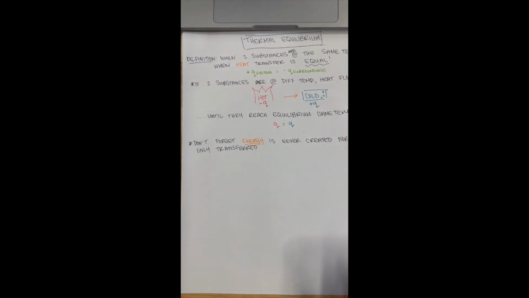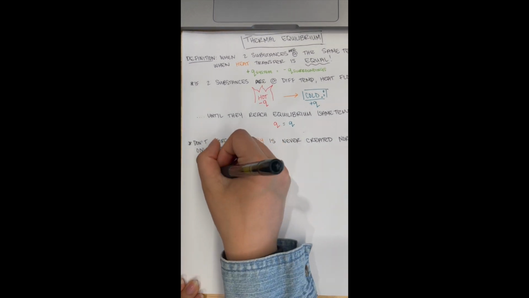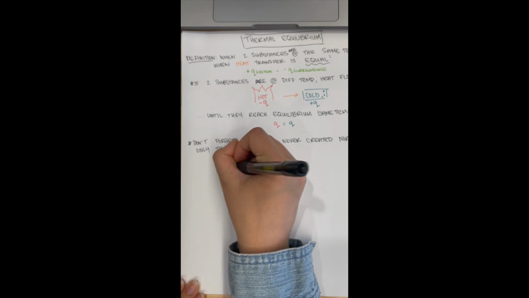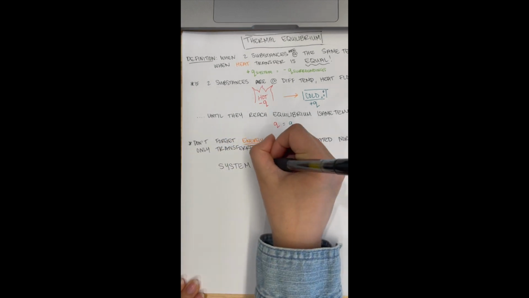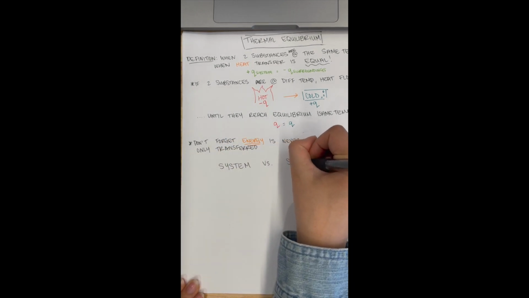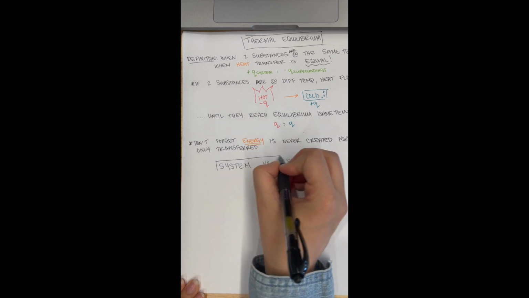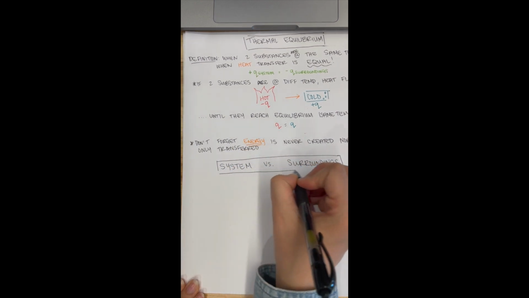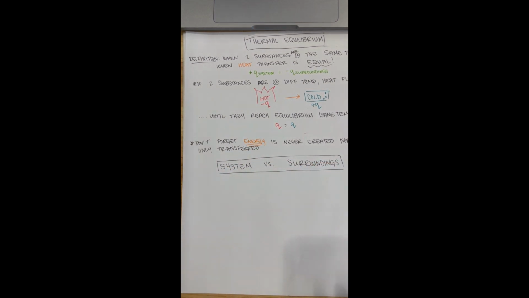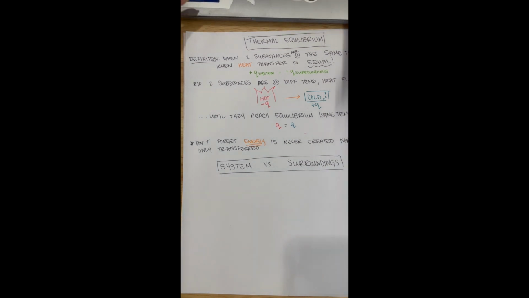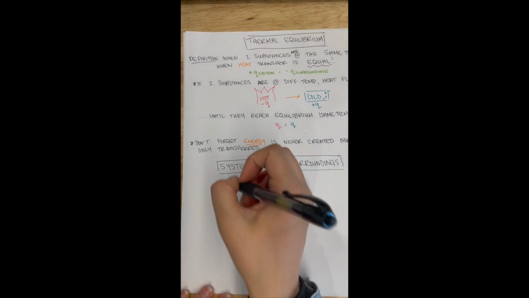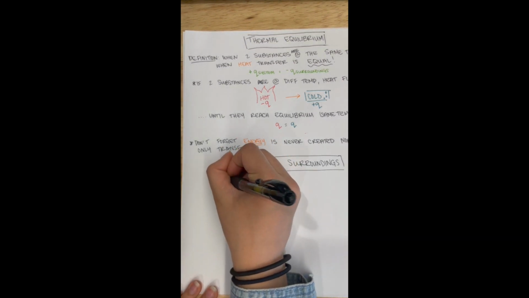So let's think for a second about that: system versus surroundings. In chemistry, as we talk about this, the only thing that is going to be your system is the chemical reaction.